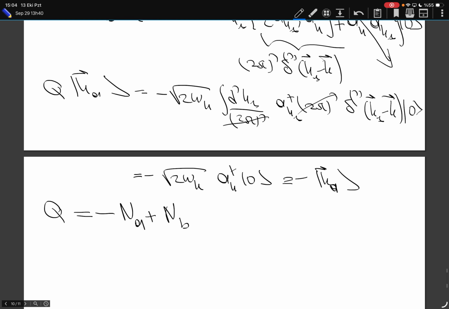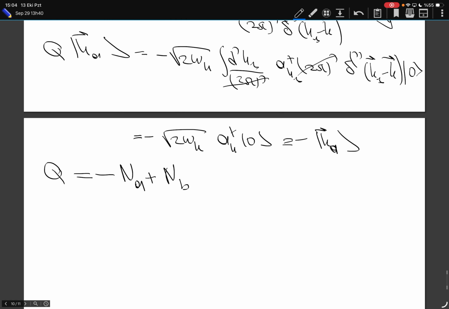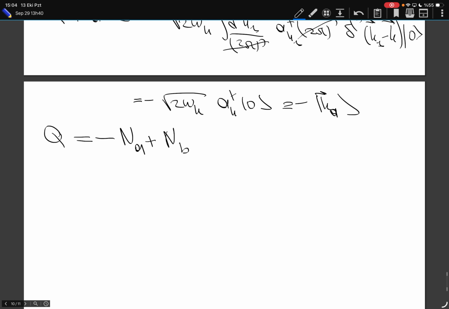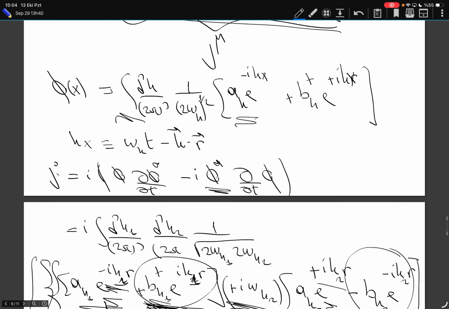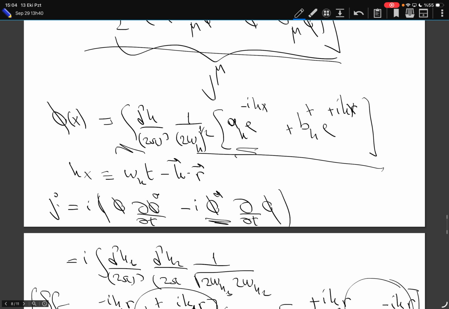But then, for complex fields, I said I don't have to have the same operator. This is my definition of the field. For a real field, A and B operators had to be identical. But if the fields are complex, then A and B need not be identical.